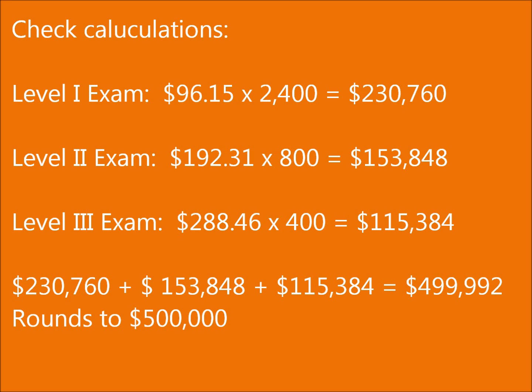That gives us 153,848, and exam 3, the 288.46 multiplied by 400 gives us 115,384, and we add those together, we get 499,992, which then we round up to 500,000, and we find that our calculations are accurate.